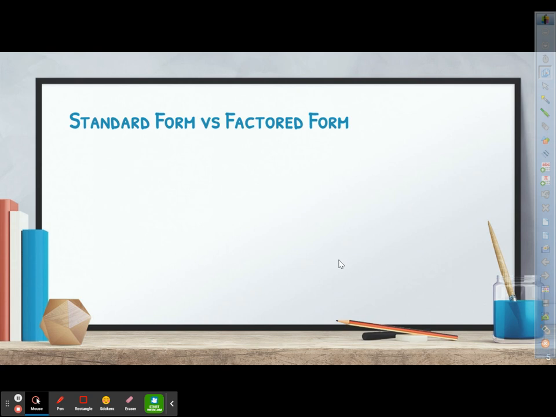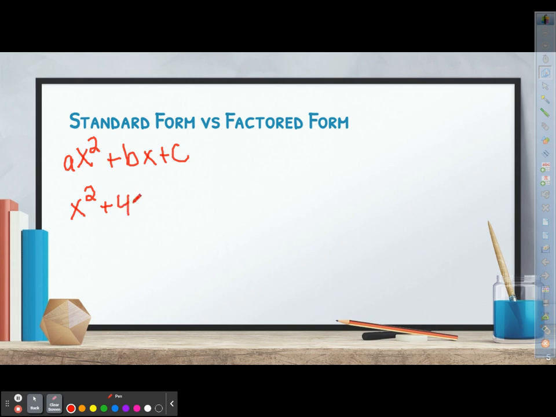All right, standard form versus factored form. Okay, so the standard form of a quadratic function is ax squared plus bx plus c. So this is what we've been dealing with. For instance, x squared plus 4x plus 4. That's standard form.